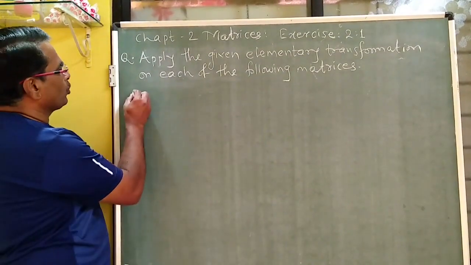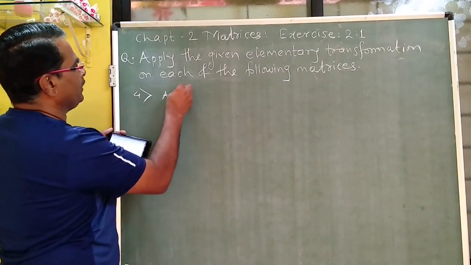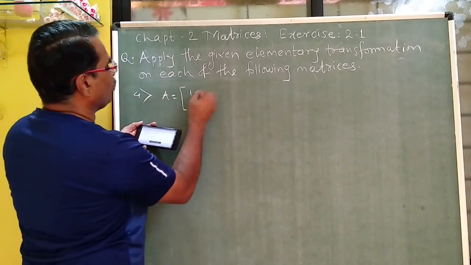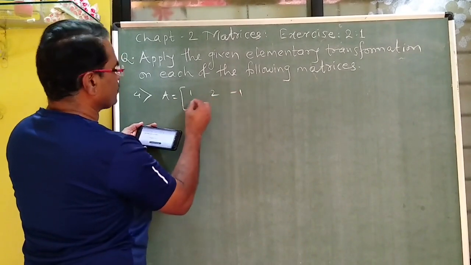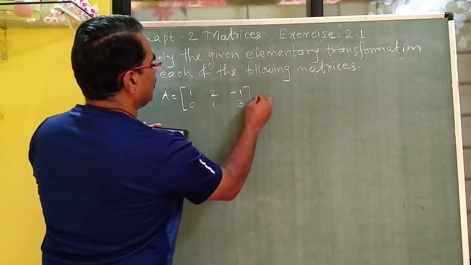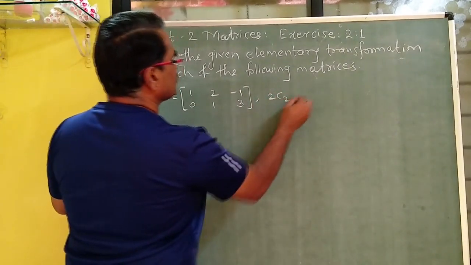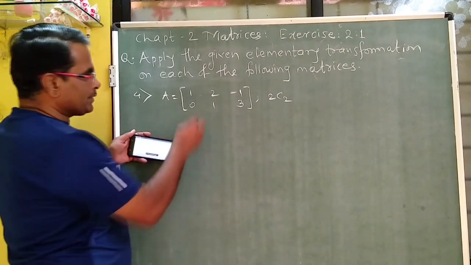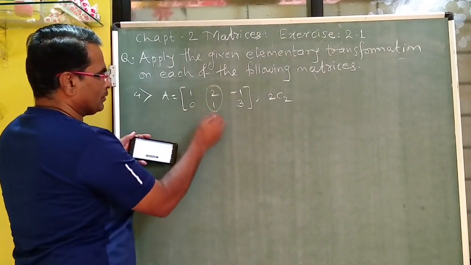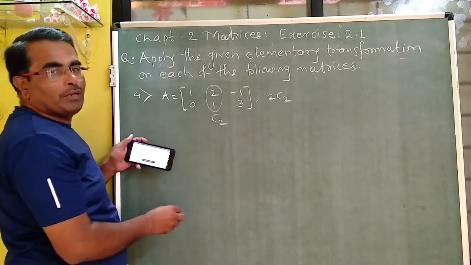Now example 4, and that example 4 has a matrix A, that is 1 2 -1 0 1 3, and on this we expect the operation 2 times C2, that is, this is your column C2, and this second column we have to multiply by 2.